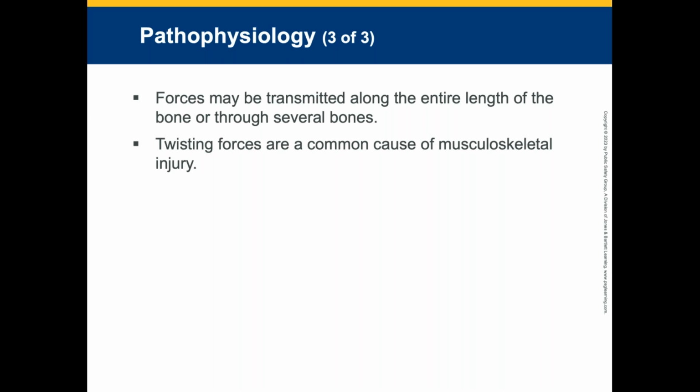So forces may be transmitted along the entire length of a bone or through several bones in a series. So you want to identify the point of contact in the MOI to decrease the chance of overlooking any associated symptoms or injuries itself. So twisting forces are a common cause of musculoskeletal injury.